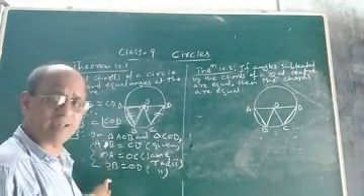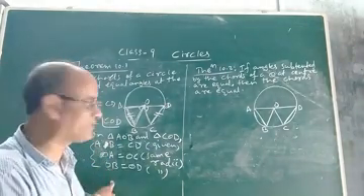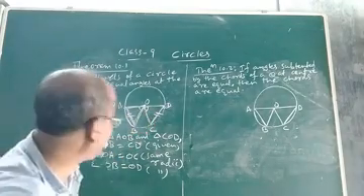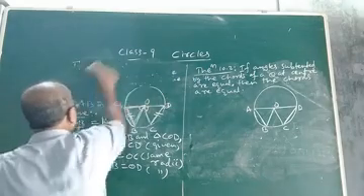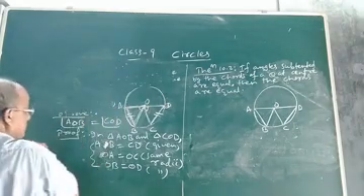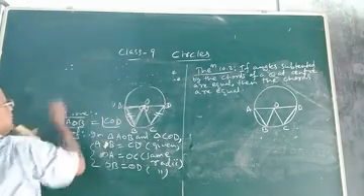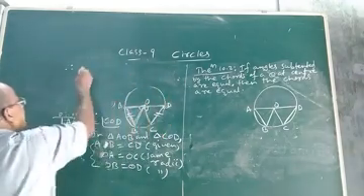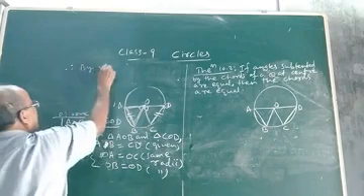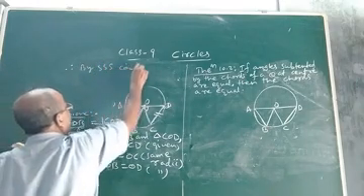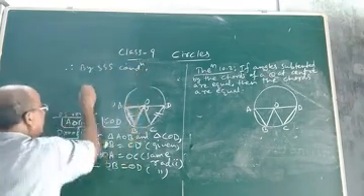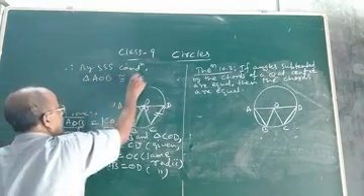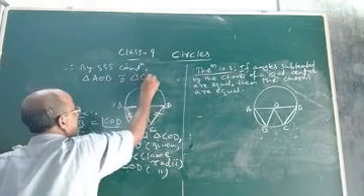So by SSS, side congruence criterion, these two triangles are congruent. Therefore, triangle AOB will be congruent to triangle COD.